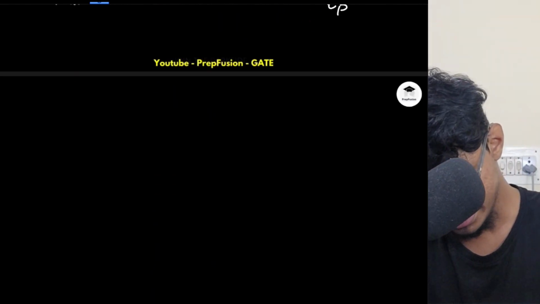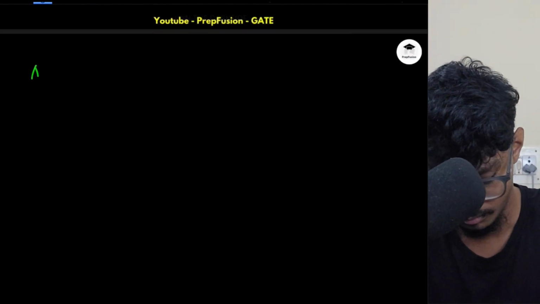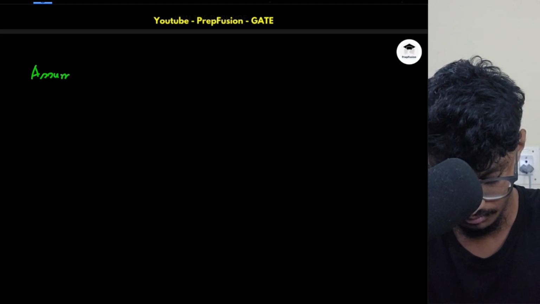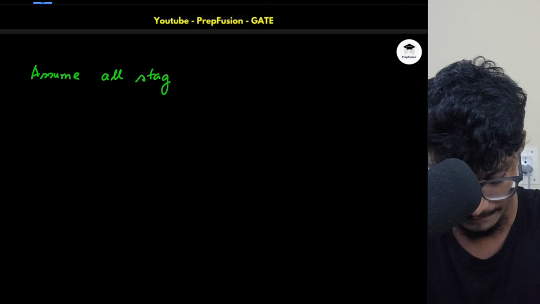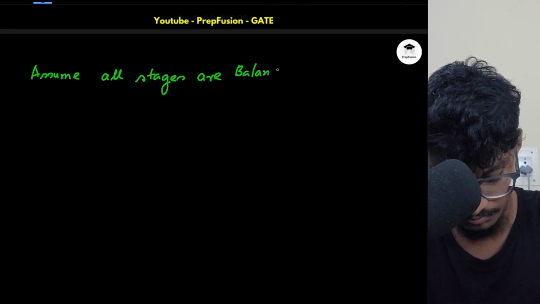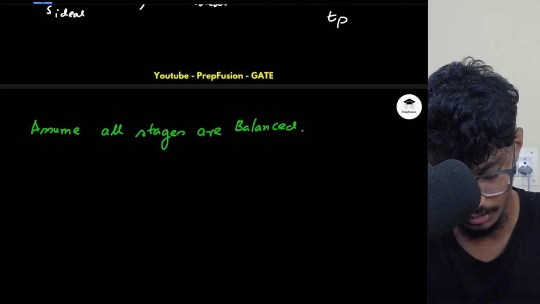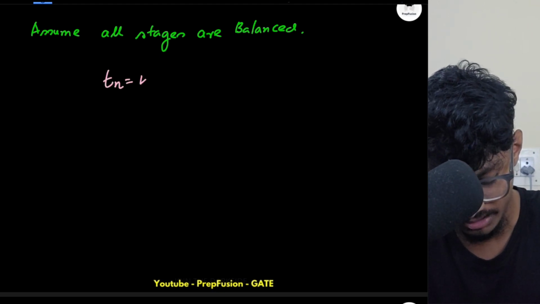So I will assume all stages are balanced. If I assume all stages to be balanced, then my Tn will be simply K Tp.